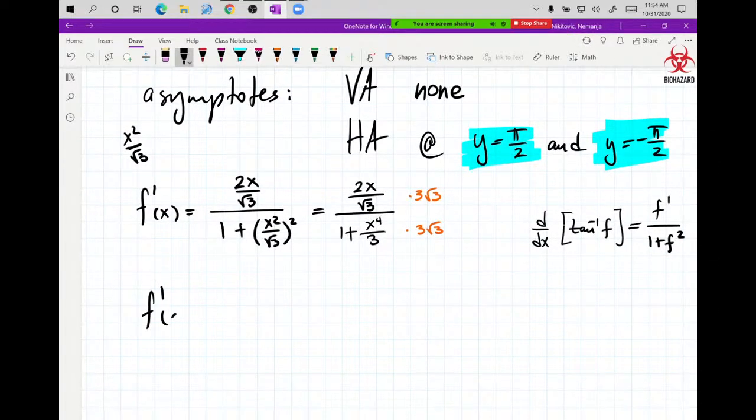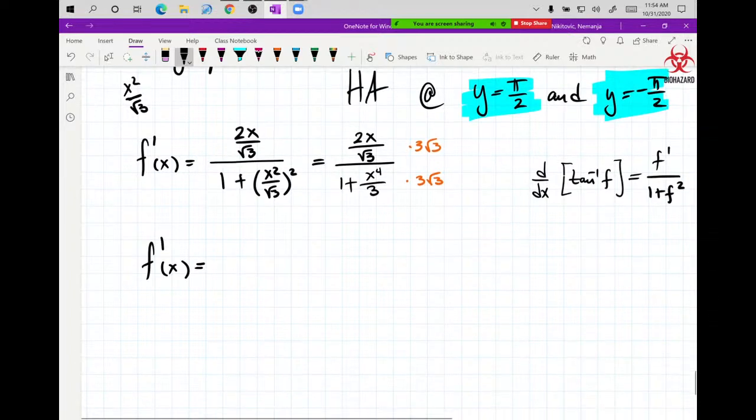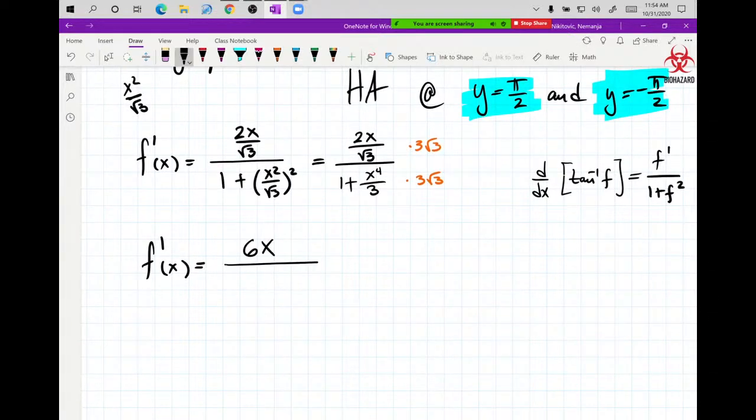So f prime of x is equal to root 3 and root 3 will cancel, so you get just 6x on top. On the bottom, you get 3 root 3 plus, now 3's are canceled, which is root 3 x to the 4th. Now, we still don't like this root 3 in the denominator, so I'm just going to get rid of that one as well.